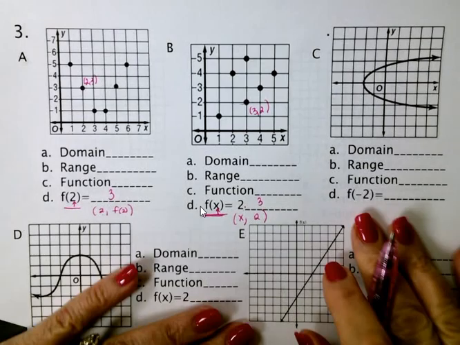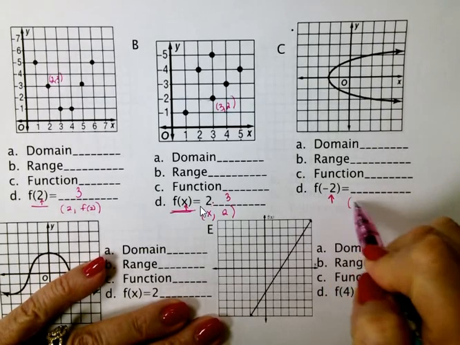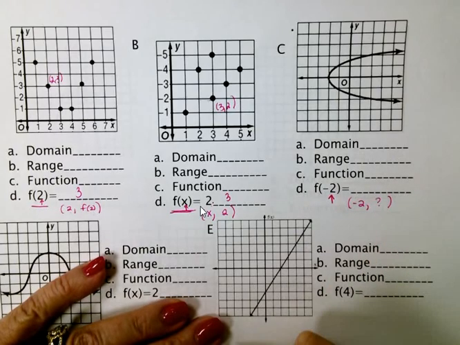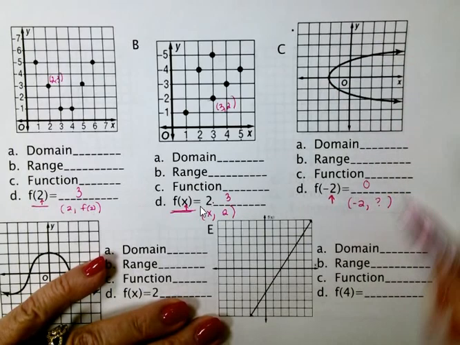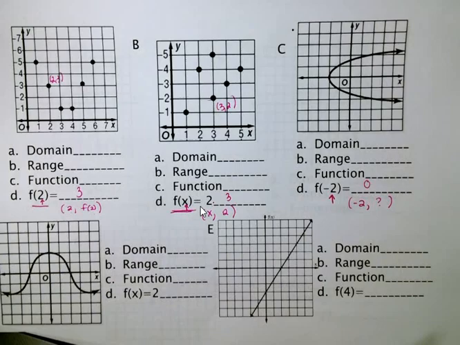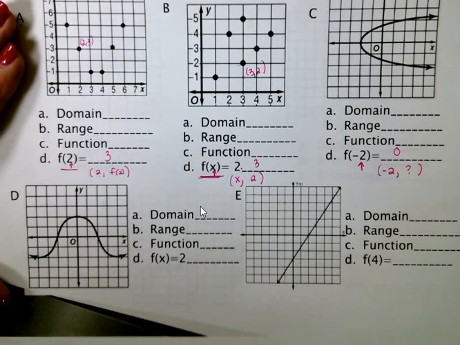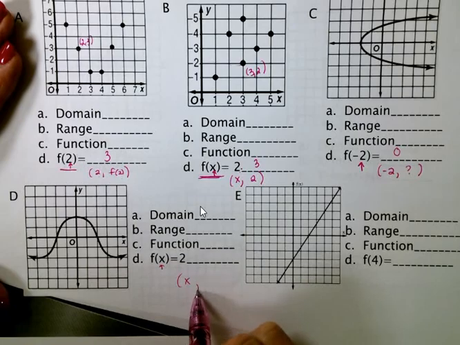So here on C, we have f of negative 2. That means when my x is negative 2, what's my y? So when my x is negative 2, my y is 0 because the ordered pair is negative 2, 0. Again, here, I don't know what my x is. What could he be? But I know that the whole y equals 2.